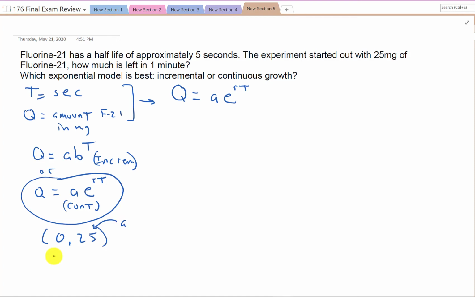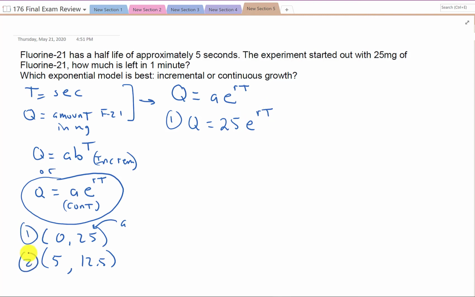So in 5 seconds, we're down to 12.5 milligrams. So that gives us a point to plug in. So let's start doing some calculations here. First thing, I already know part of my model. a is 25. So I took care of that, step 1.